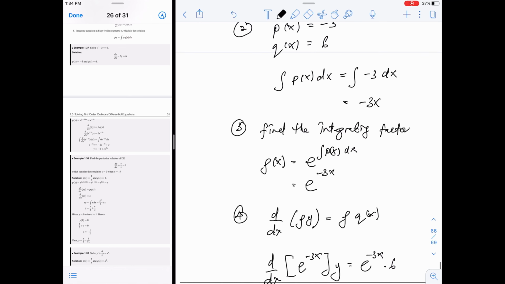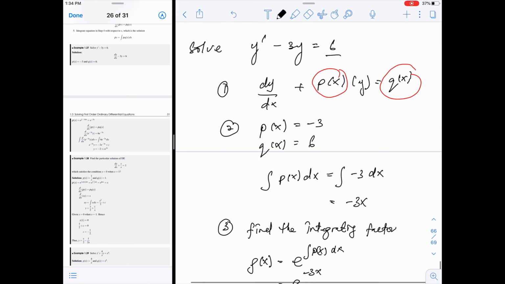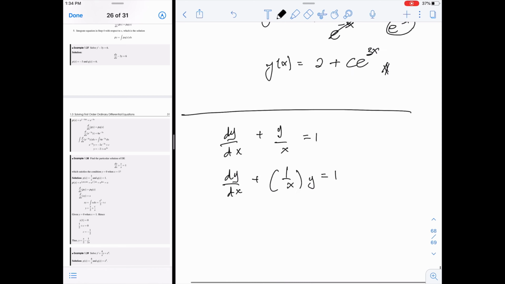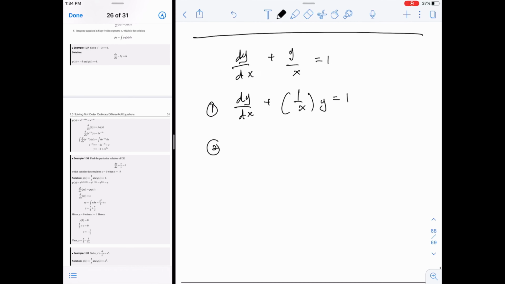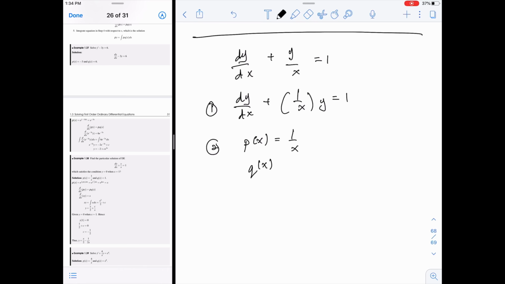So what is your first step over here? The first step is to put it in the correct arrangement, and then the second one you find the P(x), which is 1 over x, and then you will have your Q(x) equal to 1.